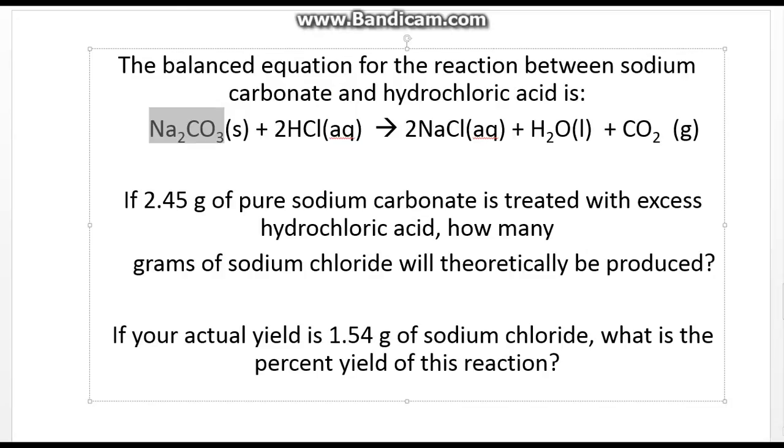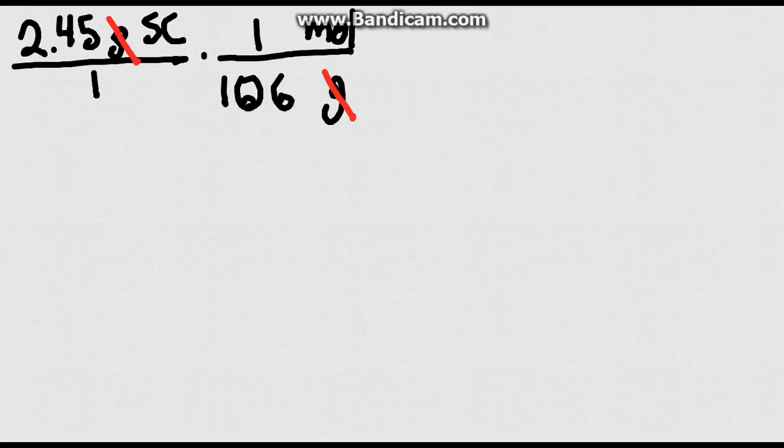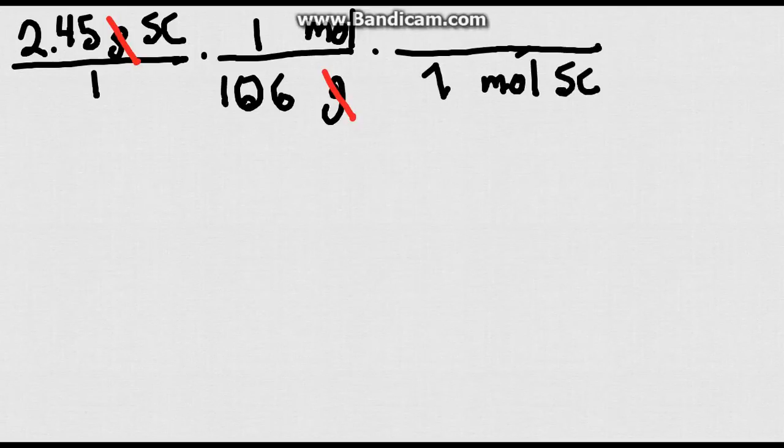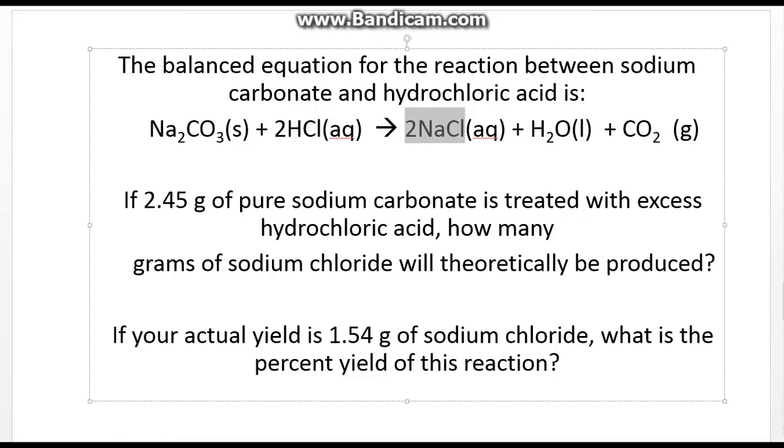Now we need to change that in a ratio to find how many moles of sodium chloride are going to be produced. So we are going to then need to multiply this by, so we've got moles of sodium chloride, so we then need to multiply, we will have 1 mole of sodium chloride for each 2 moles of sodium carbonate.